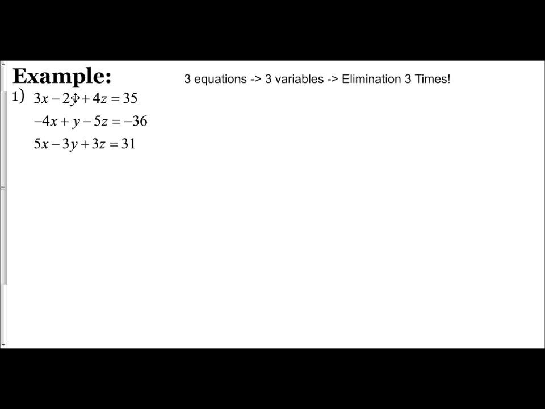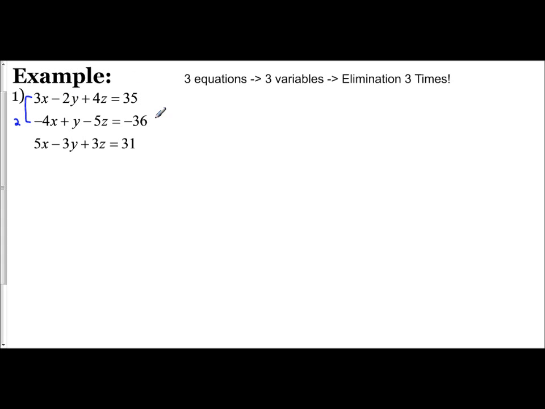If I look at my Y, I have negative 2y, positive 1y, and negative 3y. Now, if I were to pair these up with the top equation and the middle equation, to eliminate the y, I'd only have to multiply the middle one by 2.